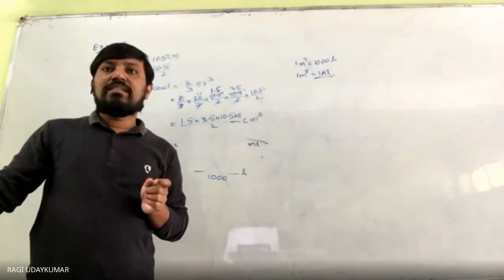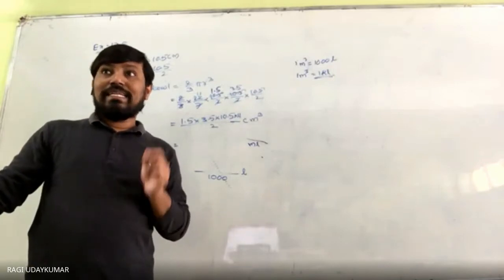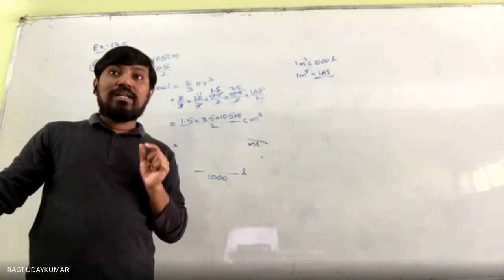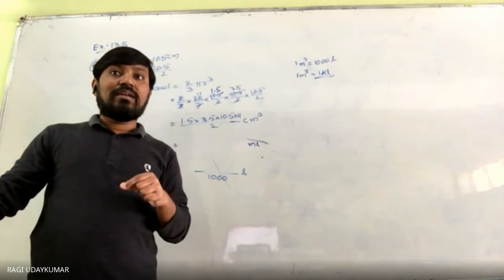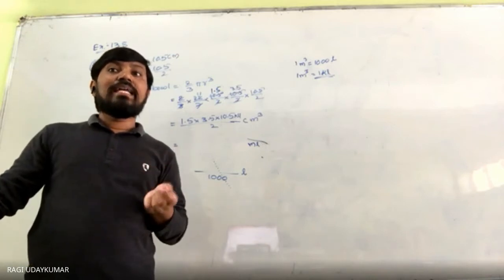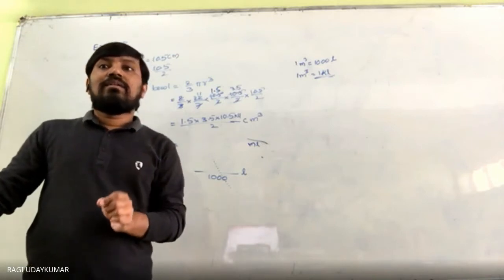If the inner radius is 1 meter, thickness is 1 centimeter, and inner radius is 1 meter, find the volume of the iron used to make the tank.